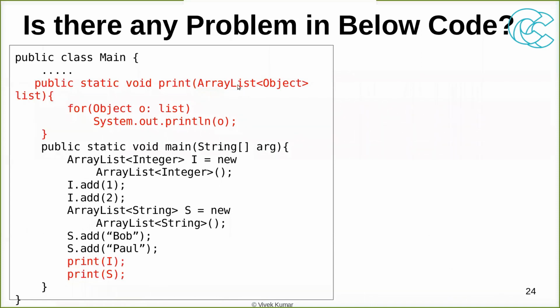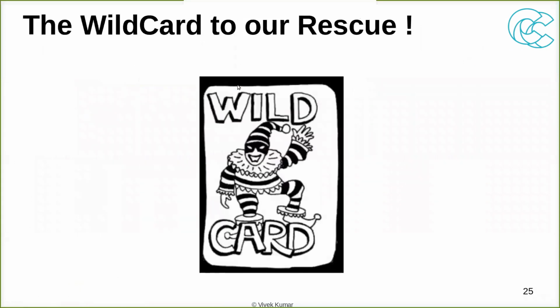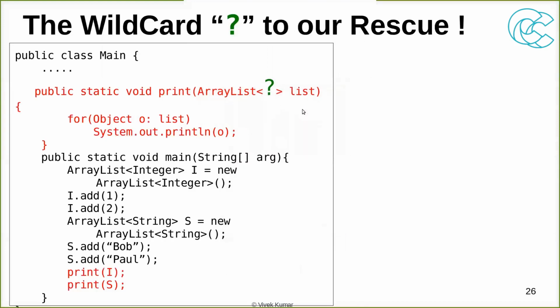But there's a way to fix it, and that's what we'll be looking at here. The wildcard. Like I said, it's very similar to the wildcard in regular expressions, which is the question mark.